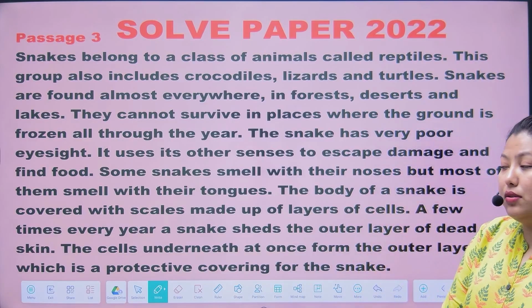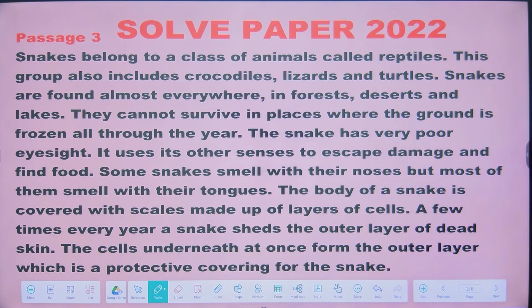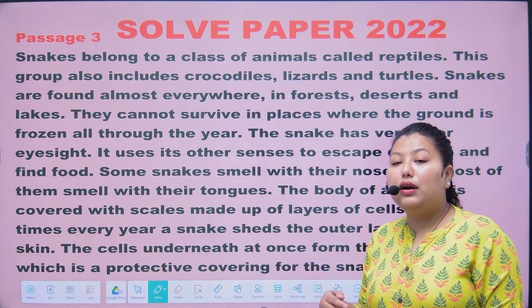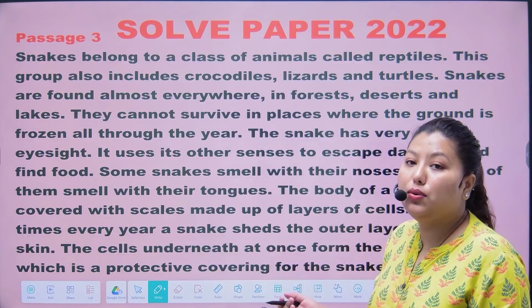So what is the meaning of shed? Shedding means the natural process of casting off the outermost layer of skin, which is composed of dead cells, to make new healthy skin.